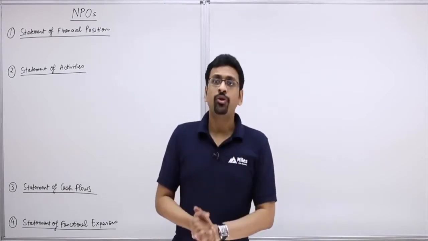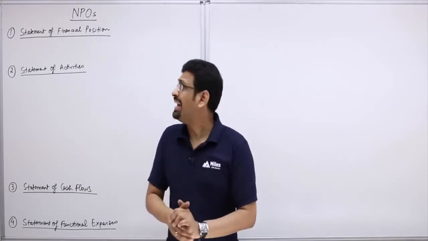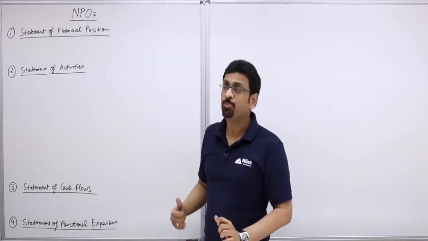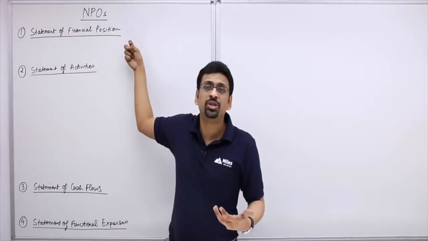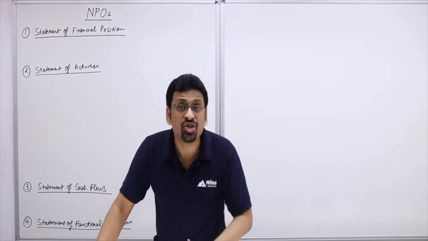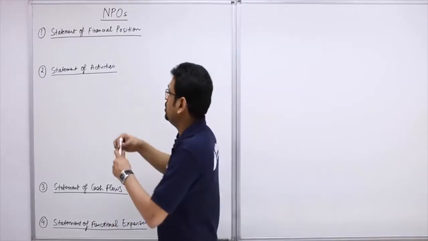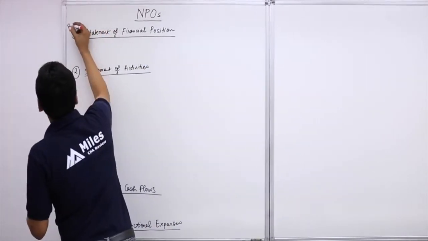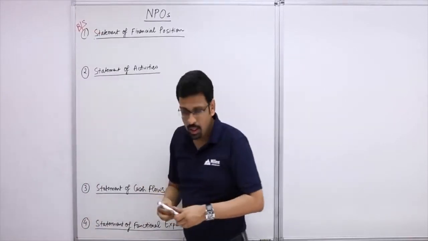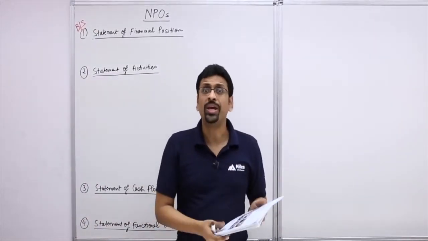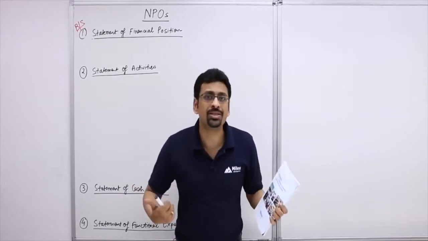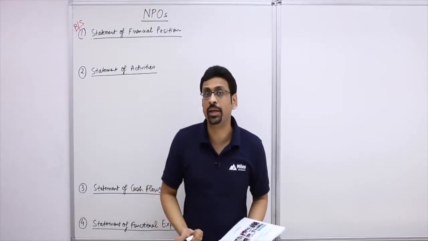Now, for not-for-profit organizations, we are looking at these financial statements. So we'll start with the statement of financial position. So this is like the balance sheet of the not-for-profit organization. Now, for the balance sheet of commercial entities, we had assets equals liabilities plus equity.